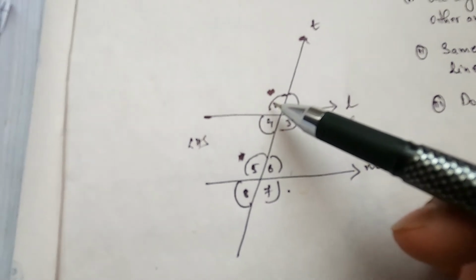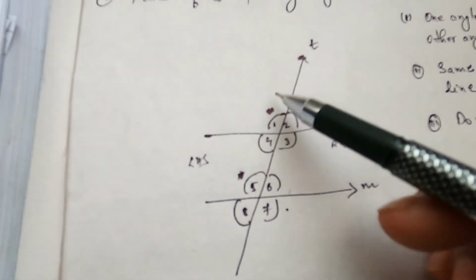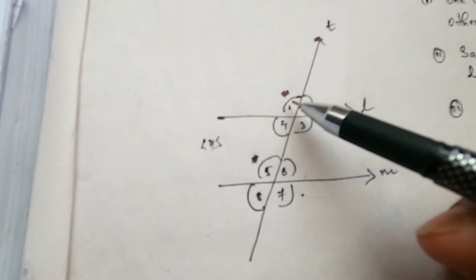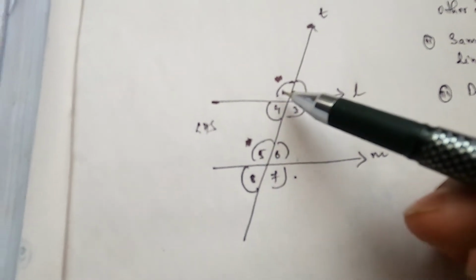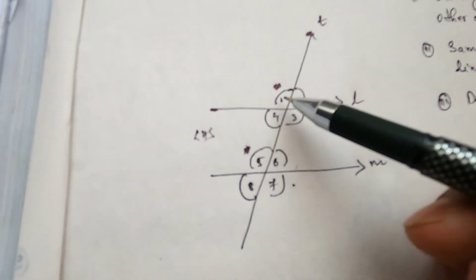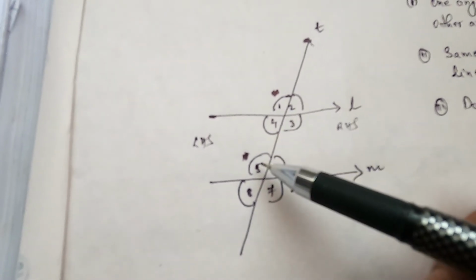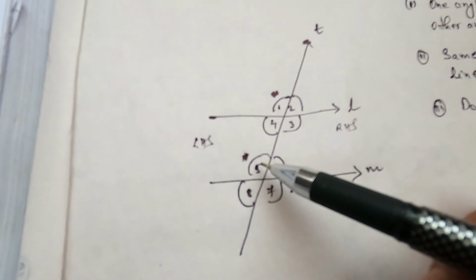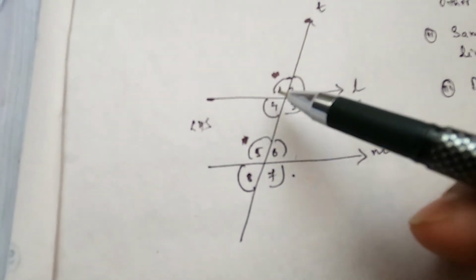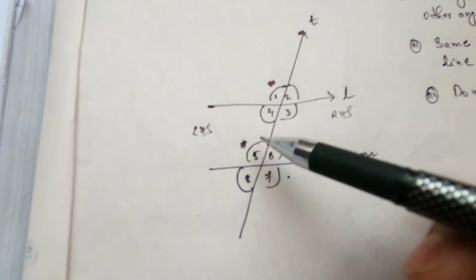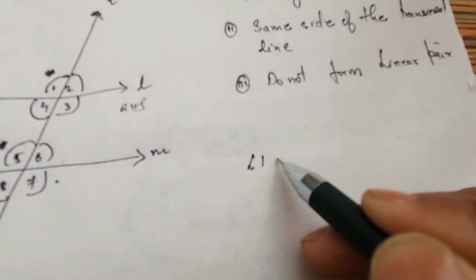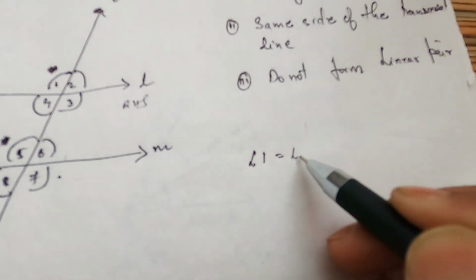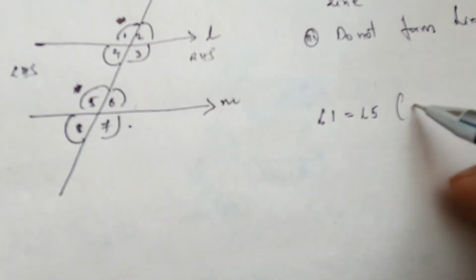You can see that angle 1 and angle 5 are on the same side of the transversal line. And condition number 3 is that angle 1 and angle 5 do not form linear pair. In this case, angle 1 and angle 4 form linear pair, but 1 and 5 do not form linear pair. So we can say that angle 1 and angle 5 are corresponding angles. So we can say that angle 1 is equal to angle 5. And what is the reason?